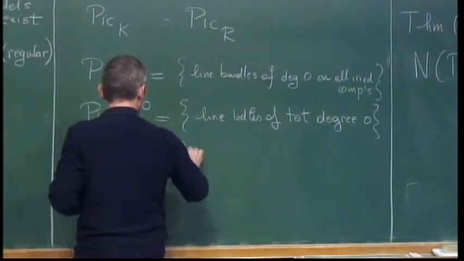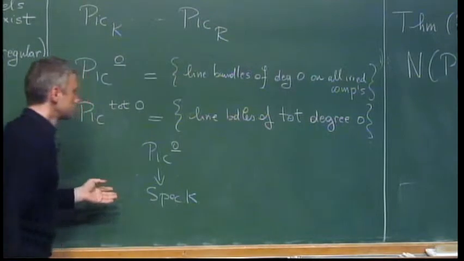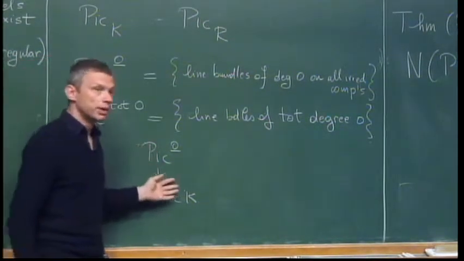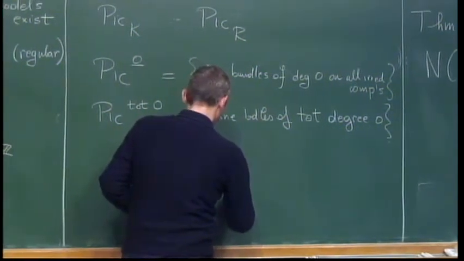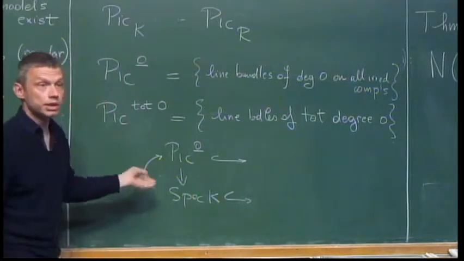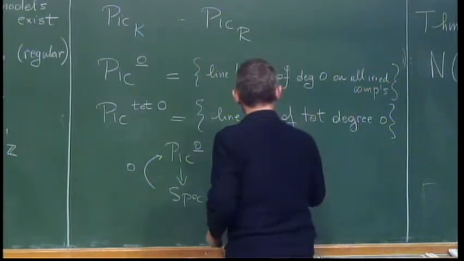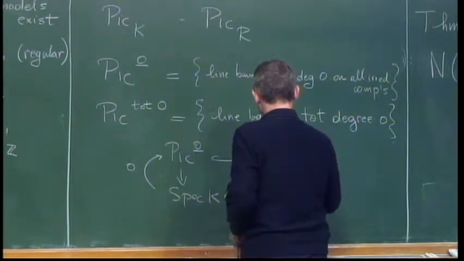You have Pic^0 over Spec K, which is a g-dimensional abelian variety, the Jacobian. And then, of course, you can have a section which is the zero section. And then you have this scheme, Pic^0 over R.